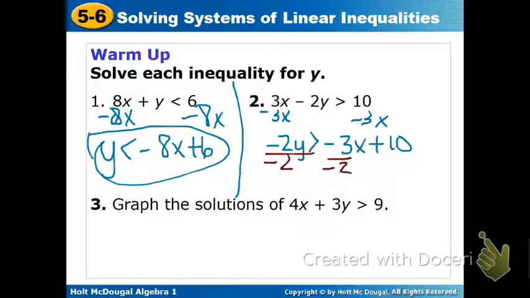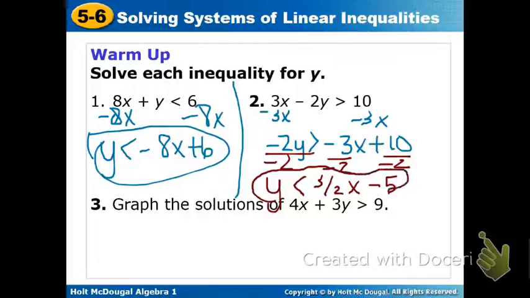Everything gets divided by a negative 2. So this becomes y, and then remember, when we divide by a negative, we have to flip the sign. Negative 3 over negative 2 will just be a positive 3 halves, or 3 over 2 x, and then 10 divided by negative 2 is negative 5. So the answer to number 2 should have been y is less than 3 halves x minus 5.